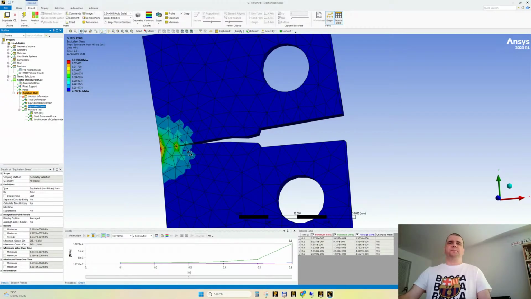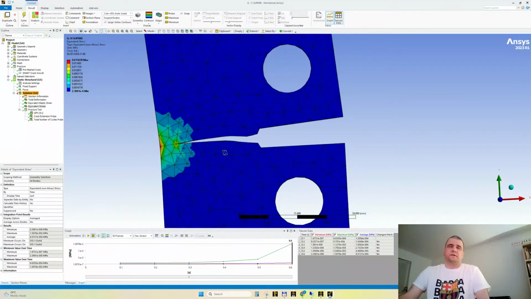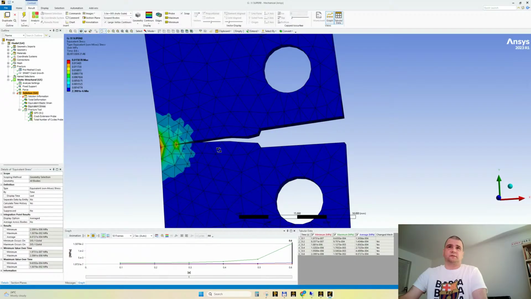Imagine that the stress after being cracked, after being fractured, is pretty small because there is no more stress. When there is a fracture, the stress is very low. The stress is very high before a fracture exists.